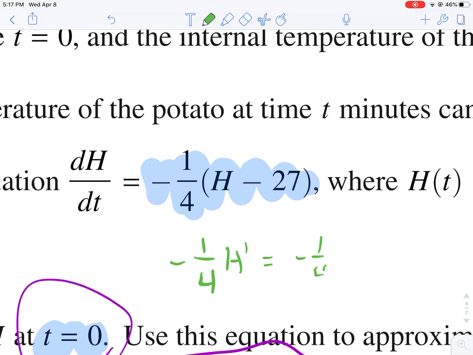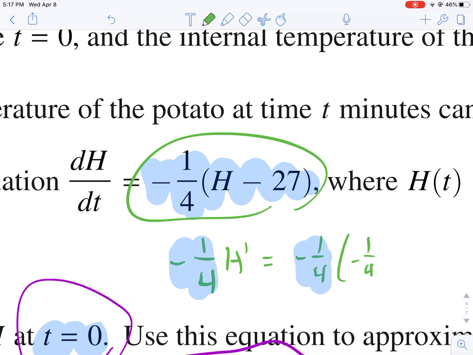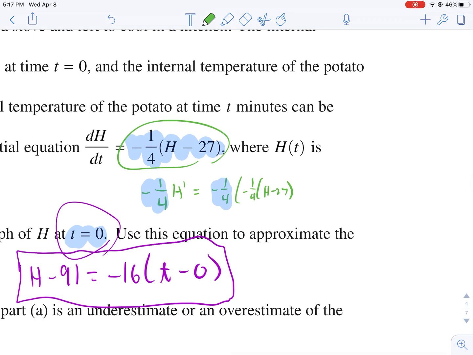h prime, and you get negative 1/4 from this constant right here. So that's that. And then instead of h prime, I'm going to rewrite all of this, which is negative 1/4 times h minus 27. Okay. And that then is 1/16 times h minus 27.